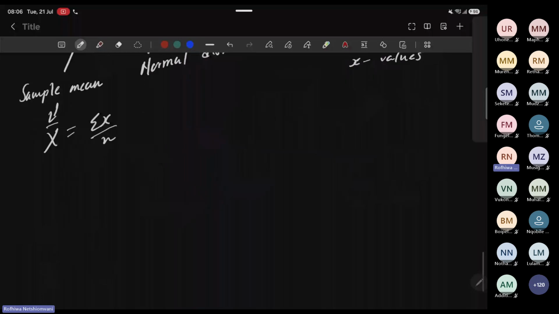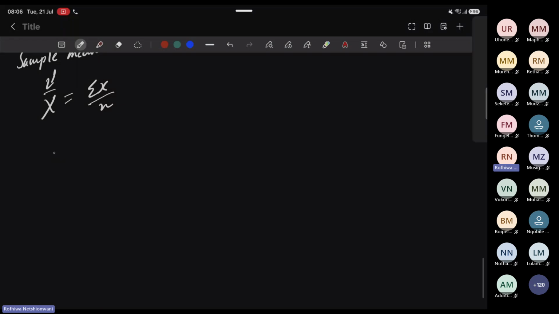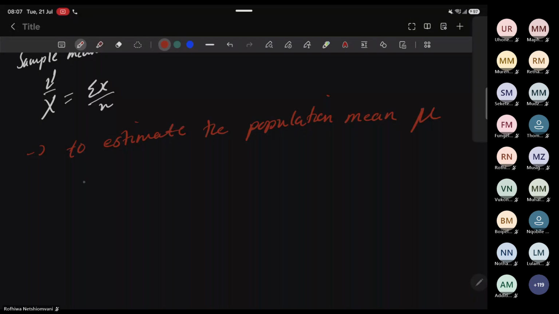So that we can then see our job today is to always estimate. Let's write this in red. Our job is to estimate the population mean, which is mu, using a sample mean, which is X bar.